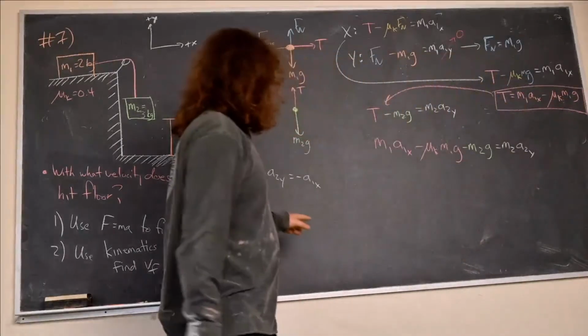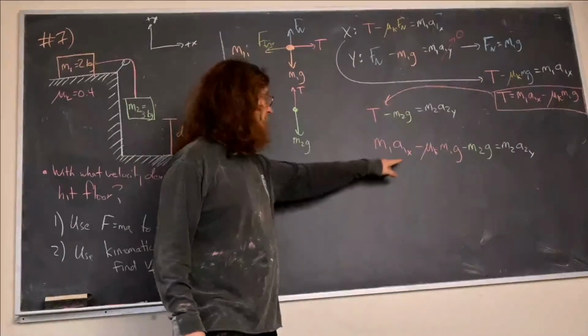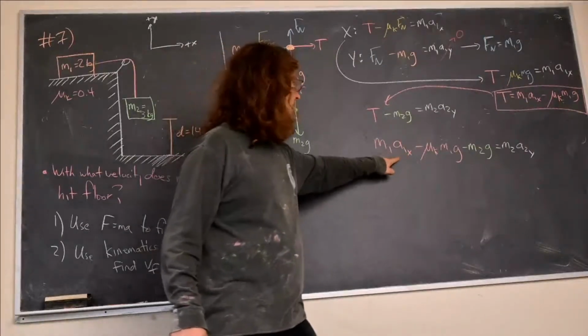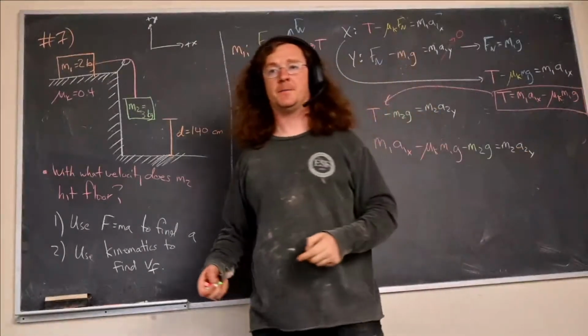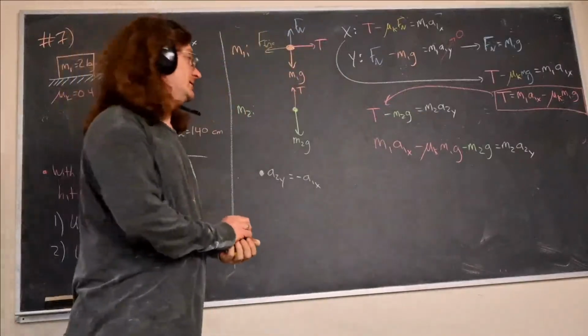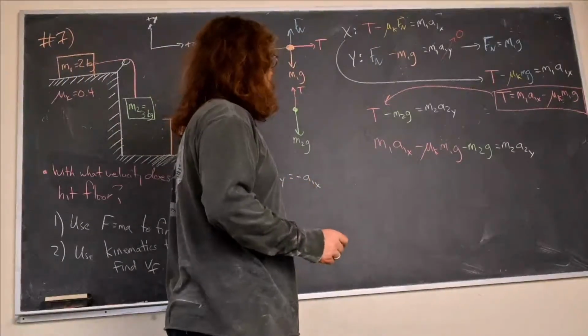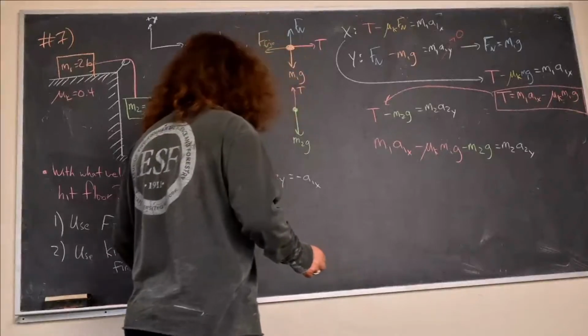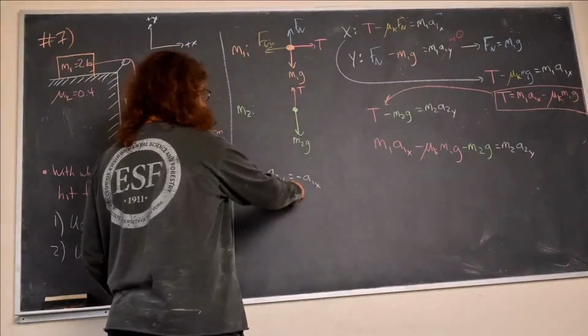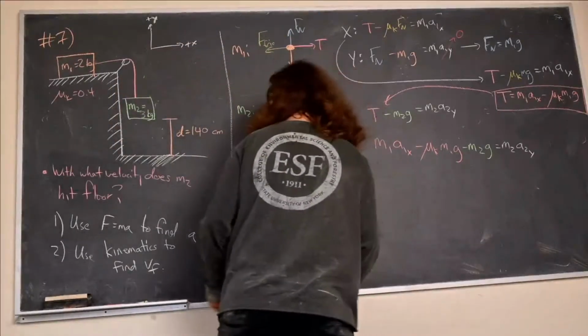But notice I've got one equation with my two different a's in. I've got an a1x and an a2y here. But I know they're related. So I can use this expression to flip the sign of one of those.